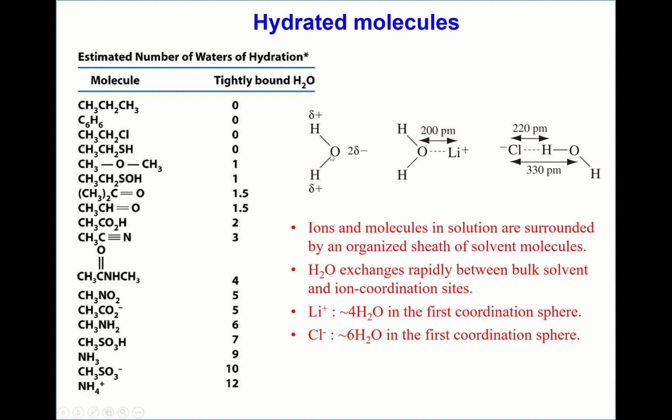The element having the highest electronegativity is fluorine, then oxygen, then nitrogen, etc. So oxygen has very high electronegativity. It draws the electron cloud toward itself, so it takes a partial negative charge.